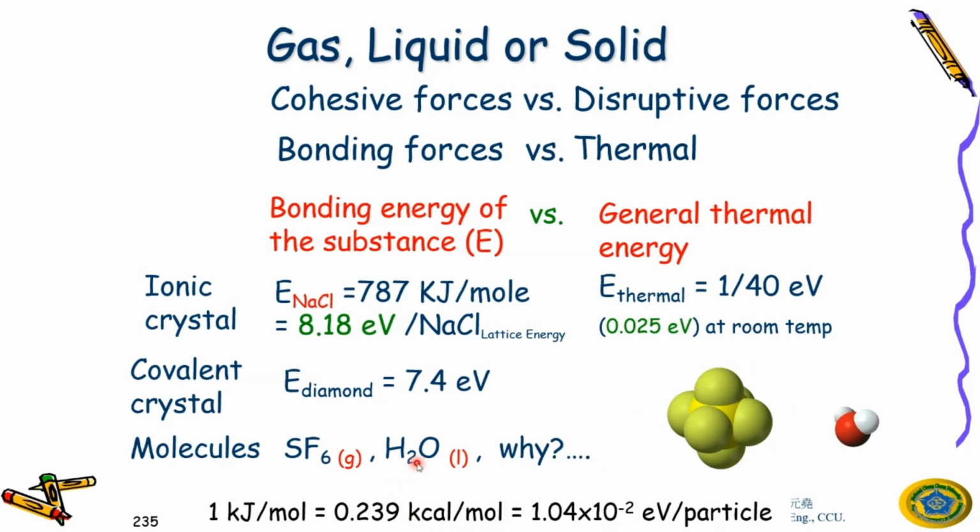And this one, H2O, is a small molecule. Hydrogen atoms are very small, and oxygen is also very small compared to sulfur and fluorine. Why is this one liquid and this one gas? It seems the big one should be solid, right?